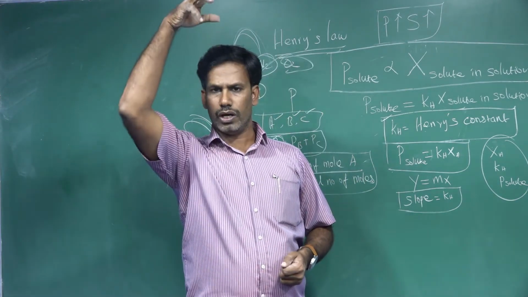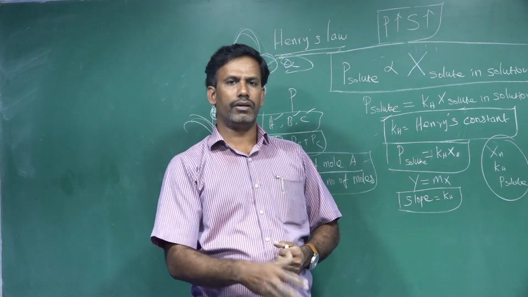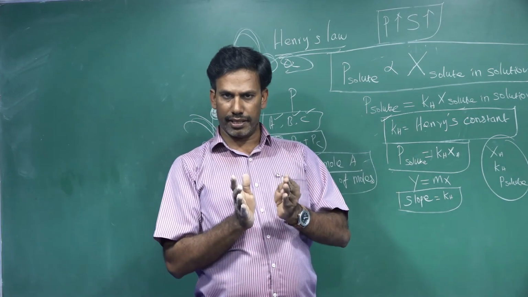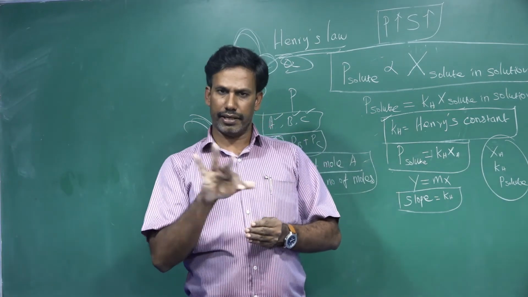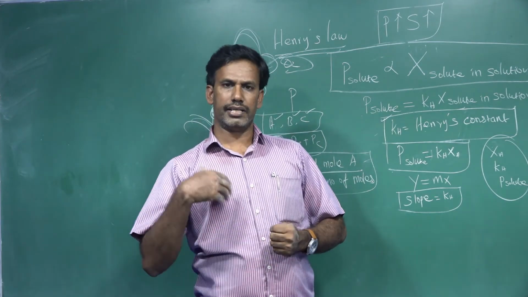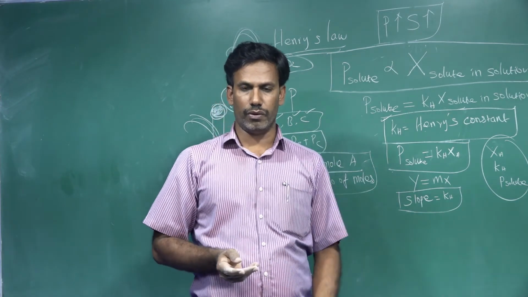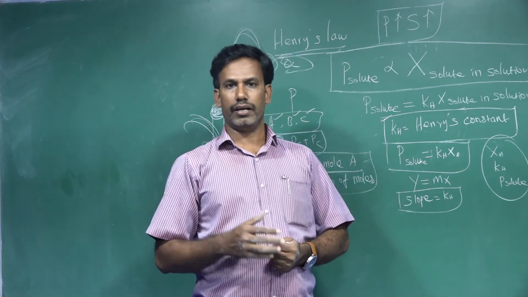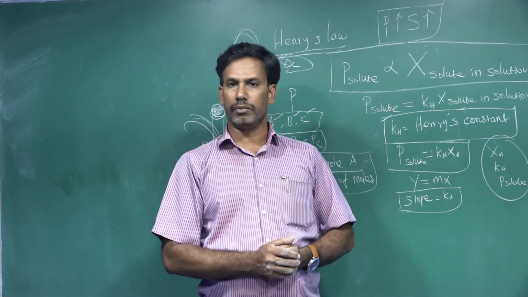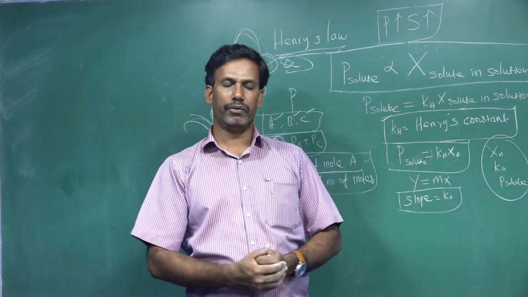When you go deep down in the sea with an ordinary cylinder, the air inside contains nitrogen, and the nitrogen starts dissolving more at the high pressure, because the pressure increases as you go down.